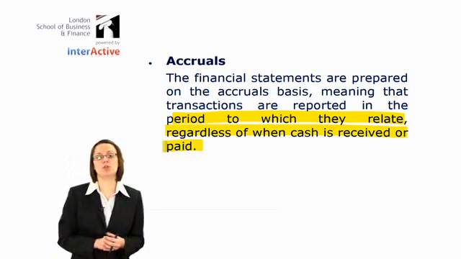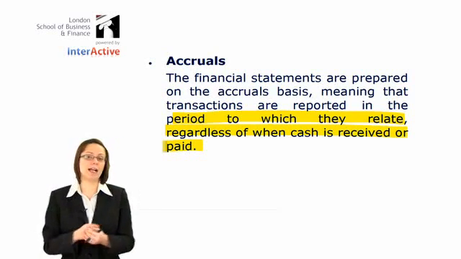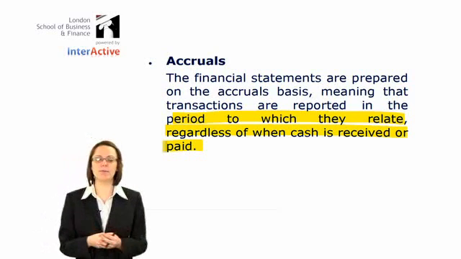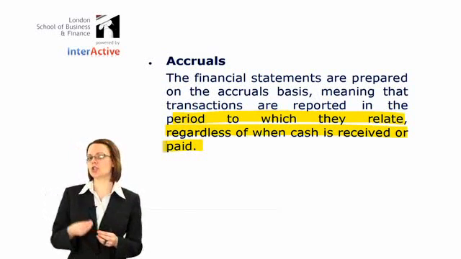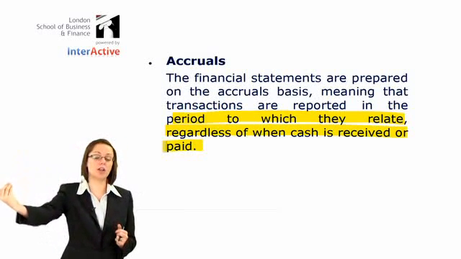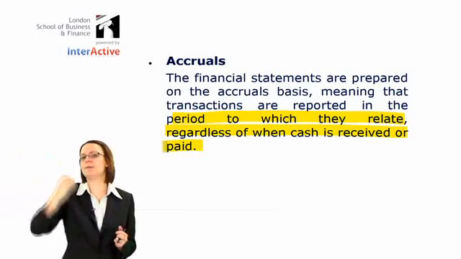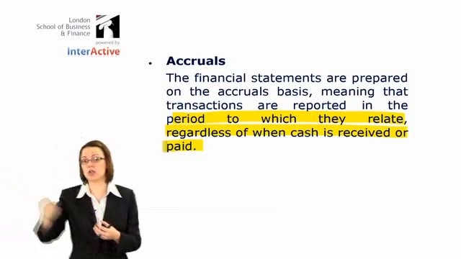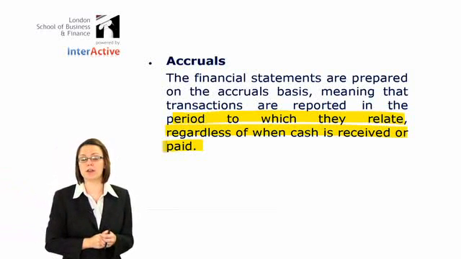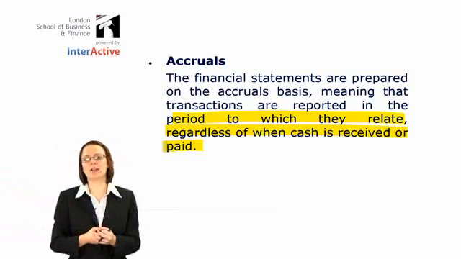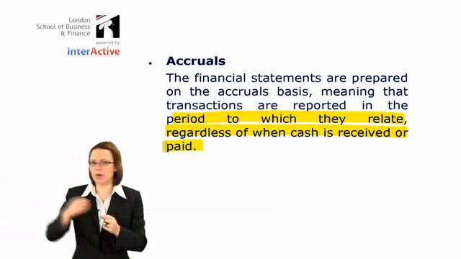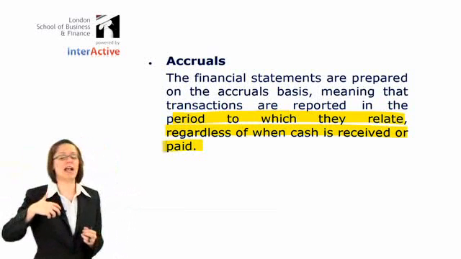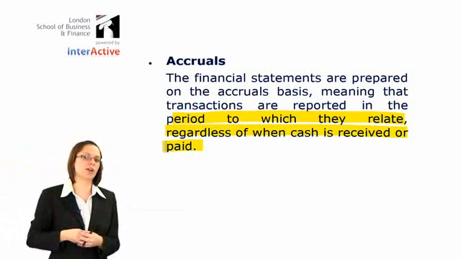That's a really important underlying assumption, and it underpins an awful lot of transactions that you see. For example, if I sell goods to a customer on credit for $5,000 and that customer promises to pay me later, well, as we discussed, that customer would be a trade receivable, but we earned that income, that sales revenue, at the point that we invoice the customer. We don't wait until we receive the cash from the customer to record that sales income.